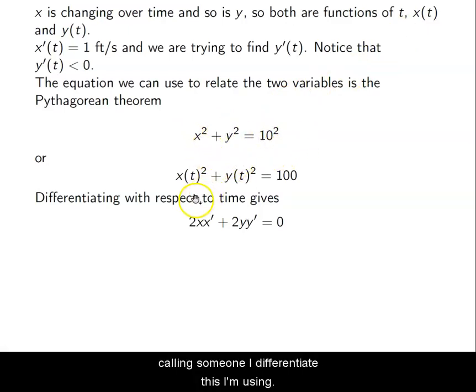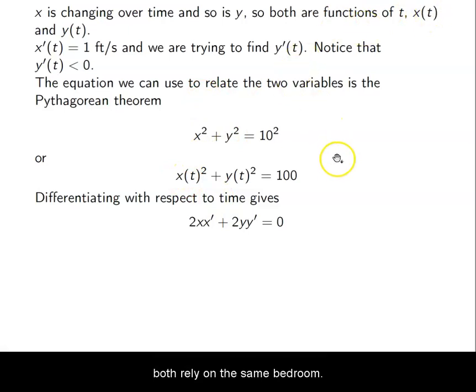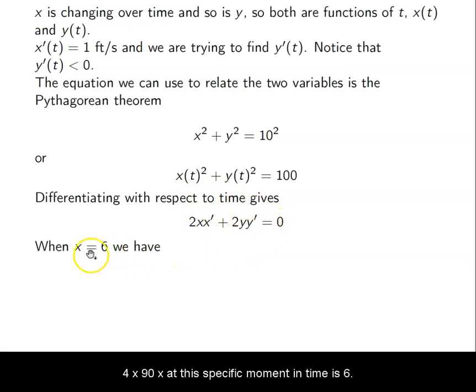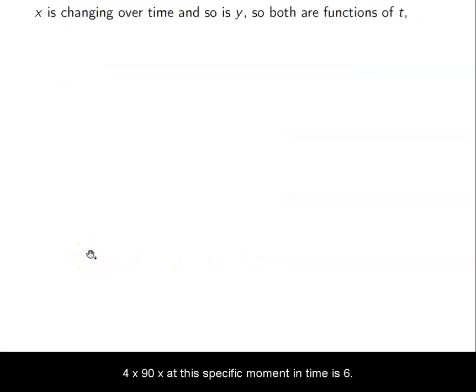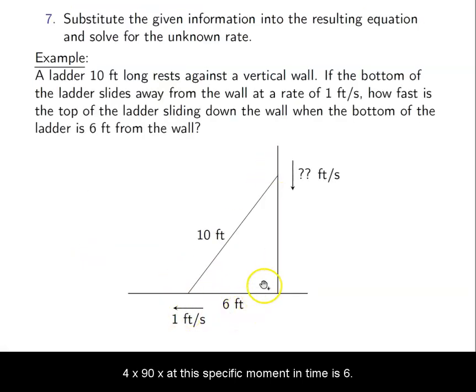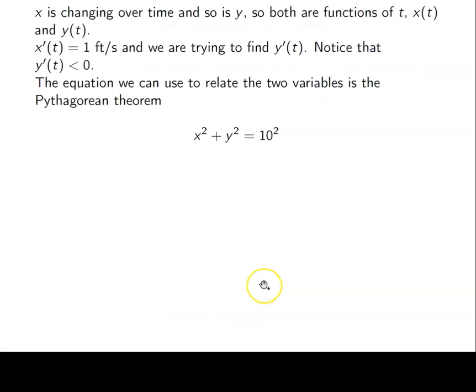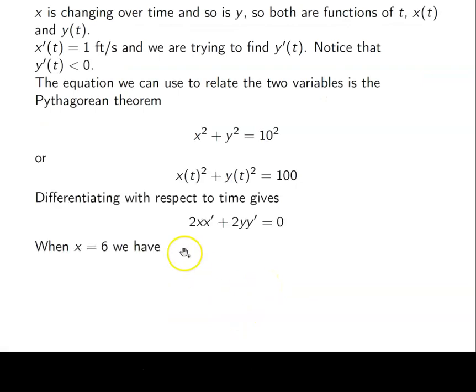So when I differentiate this, I'm using the implicit differentiation method for both of these because they both rely on the same variable, right? So here, I get 2x prime, and I get 2y prime. This goes to 0. For x, I know x at this specific moment in time is 6. So I can make that substitution.